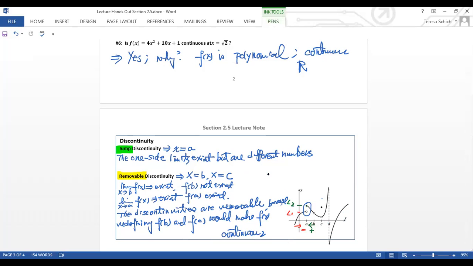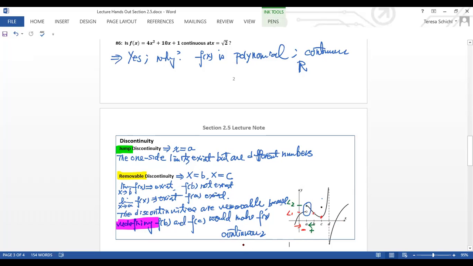But what you can do is redefine f of b to be the value L1, so I can fill this hole. And f of c is here, I can redefine it to this value, so I can fill this hole.